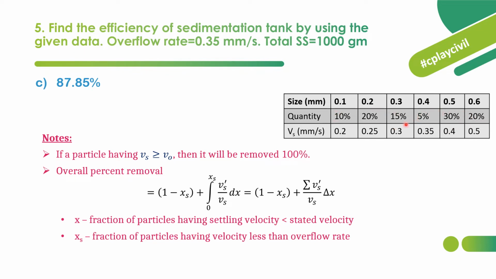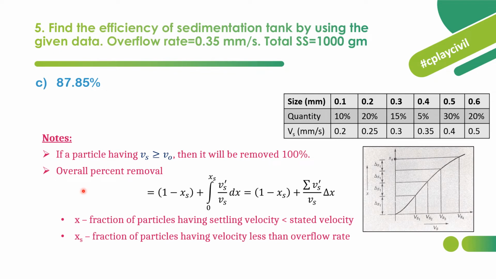And among these, the remaining quantity of particles, how much particles will be removed, that we have to calculate. So when we calculate that, we will get the answer as 87.85. So that is the concept. Simply, if a particle having settling velocity greater than or equal to overflow rate, then that particle will be removed 100%.